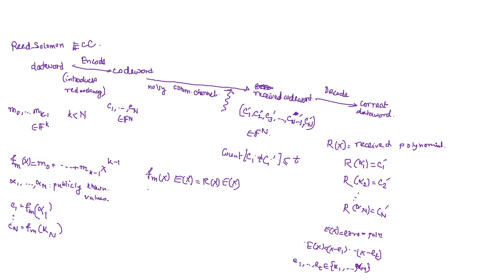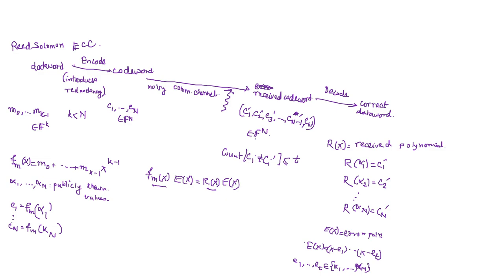Now for positions I where Ci is equal to Ci dash, there Fm of x and R of x are the same, right?